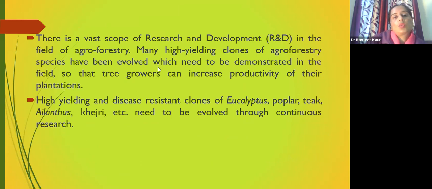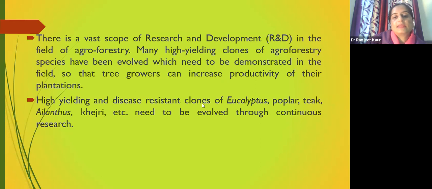There is a vast scope of research and development in this field. Many high-yielding clones of agroforestry species have been evolved, which need to be demonstrated in the field so that tree growers can increase the productivity of their plantations.